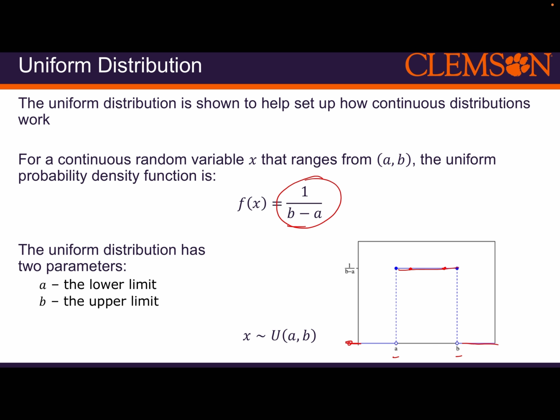So the height of it has to integrate to 1. So that's why 1 over b minus a happens to be its height. So b minus a, its length, times 1 over b minus a, its height, gives us an area of 1 in this box. So we don't have to use calculus or integration to make that happen.